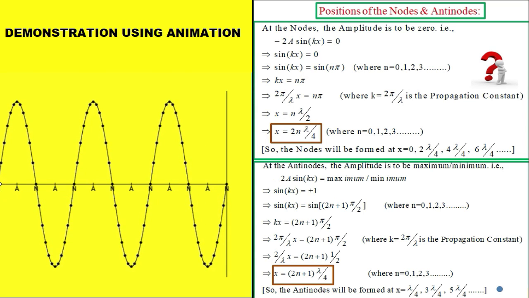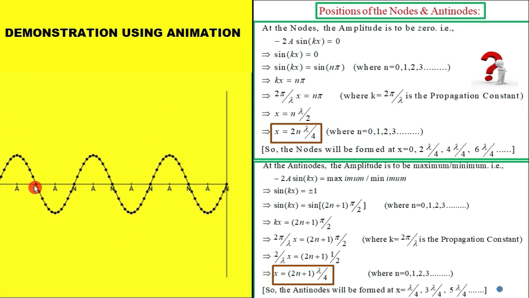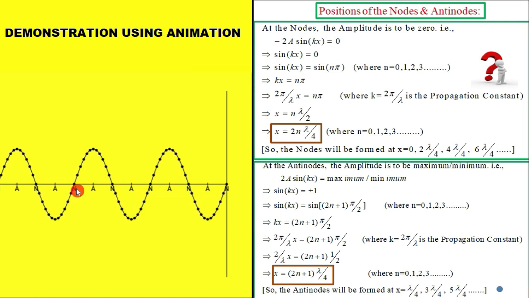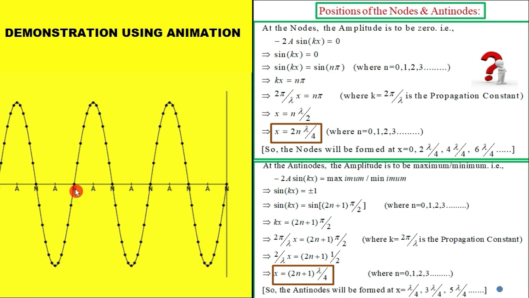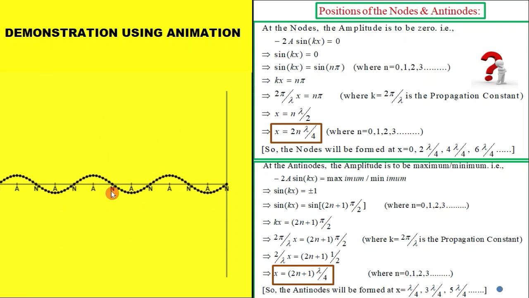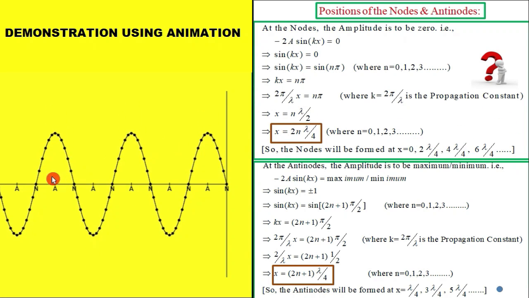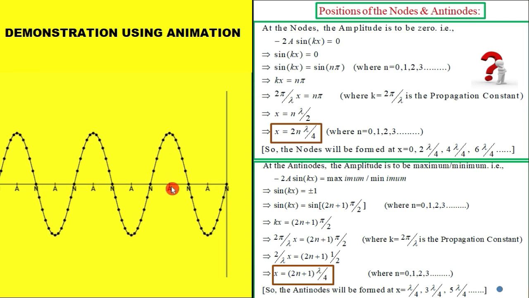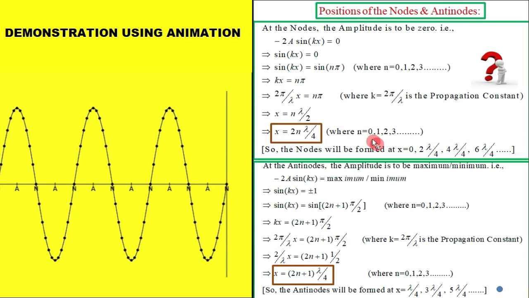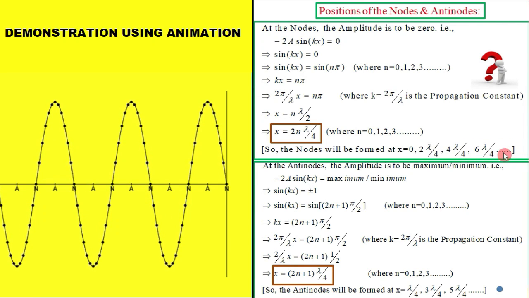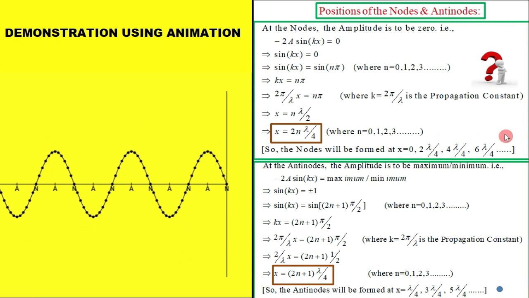So I can see at 0 I am getting a node, at lambda by 2, which means the same thing as 2 into lambda by 4. Then again at this point I am getting a node, which is nothing but lambda or 4 lambda by 4. You can compare the result you got here and the positions in this diagram, and you will find they are absolutely the same. The nodes are formed at the even multiples of lambda by 4.